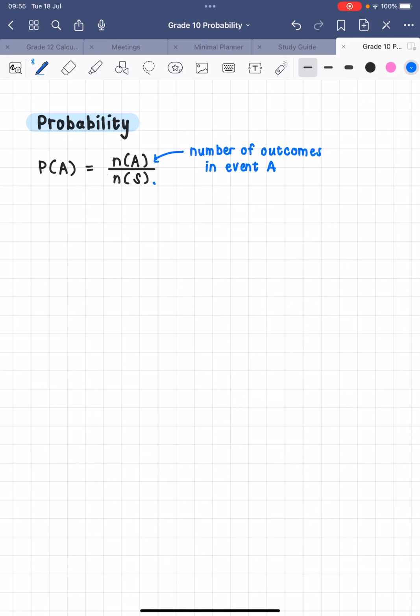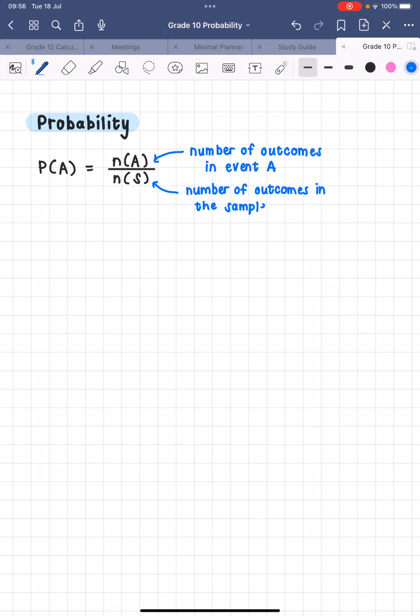And then the S is probably new to most of you. The S stands for sample space. So N of S is the number of outcomes in the sample space.